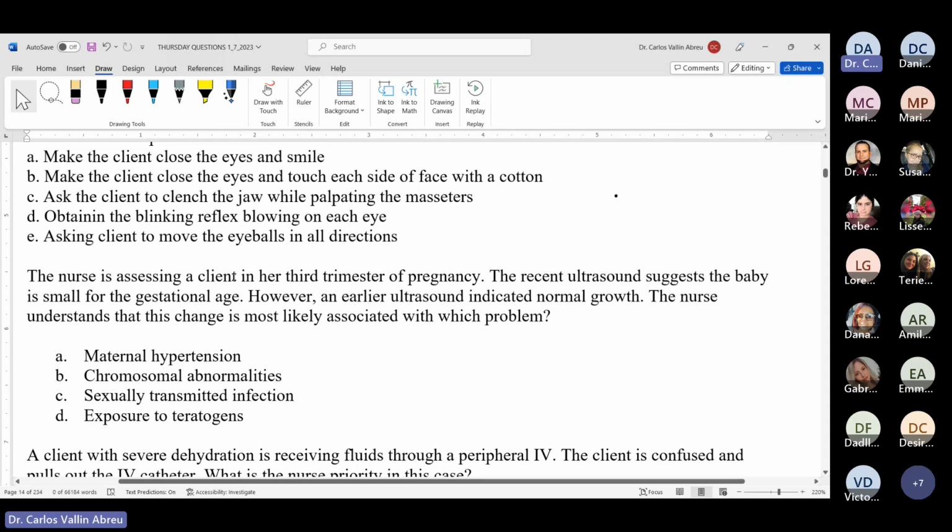So this is a deceleration of the fetal growth in the last trimester. The nurse understands that the most likely problem causing this is maternal hypertension, chromosomal abnormalities, sexually transmitted infection, exposure to teratogens.